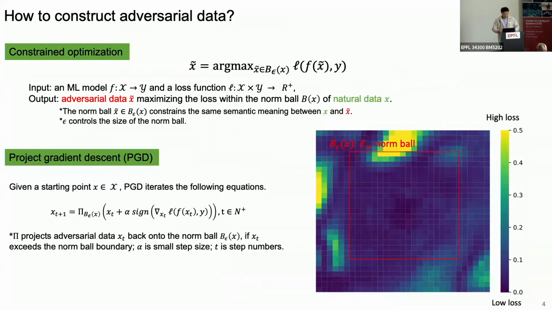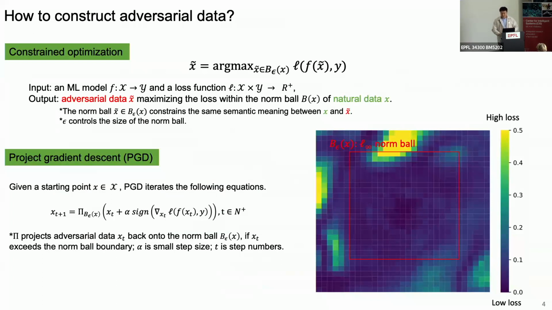Given a machine learning model and its loss function, we output the adversarial data, maximizing the loss within the norm-ball constraint. The norm-ball constraint keeps the same semantic meaning between the natural data and the adversarial data. The epsilon controls the size of the norm-ball.